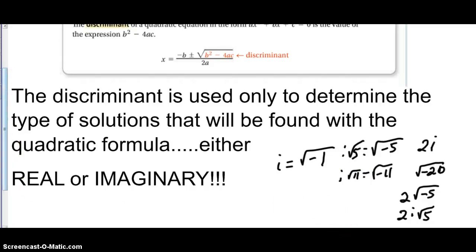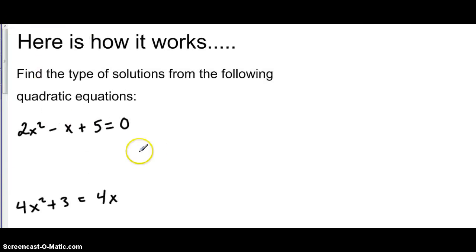Let's take a look at this in action. We need to find the type of solutions from the following quadratic equations. Here's our first one. Now remember, our discriminant is what's underneath the radical for the quadratic formula. The quadratic formula is -b plus or minus the square root of... excuse me, I got too many negatives here.